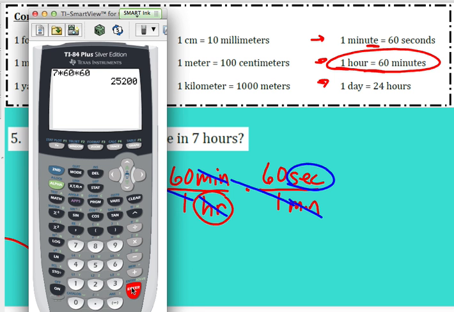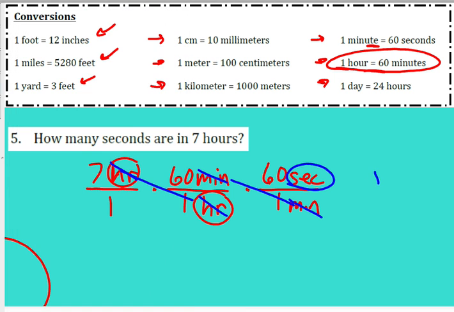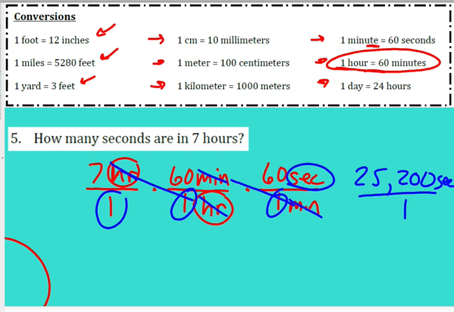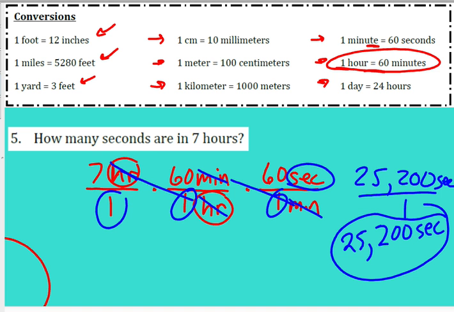And we get 25,200 seconds. Now, what do we got down here? 1 times 1 times 1, or just 1. But that's basically going to be 25,200 seconds in 7 hours here. So we just convert it. And we use fractions to do that.